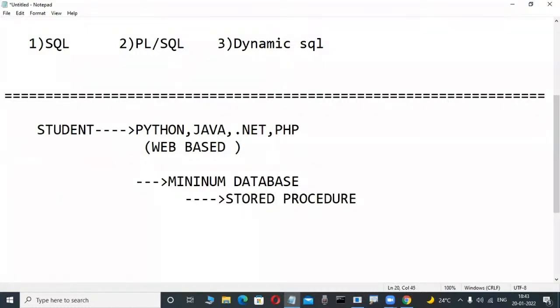That's why when Java or .NET programmers attend interviews, many ask: write a query to display the highest salary employee, the second highest salary employee, what is a join, write a query to delete duplicate rows from a table. So many predefined queries they ask, to check whether you have at least minimum knowledge. Front-end developers also need minimum knowledge of Oracle, SQL Server, DB2, anything. That's why so many fellows learn courses like this.